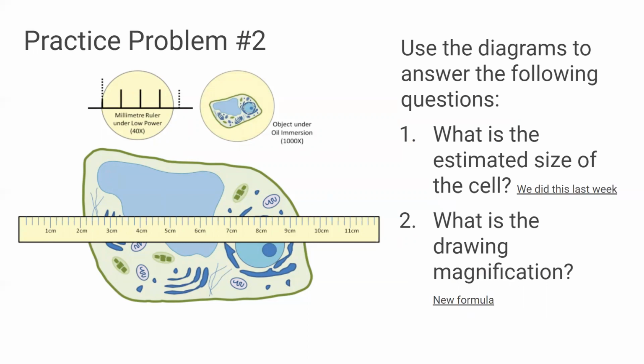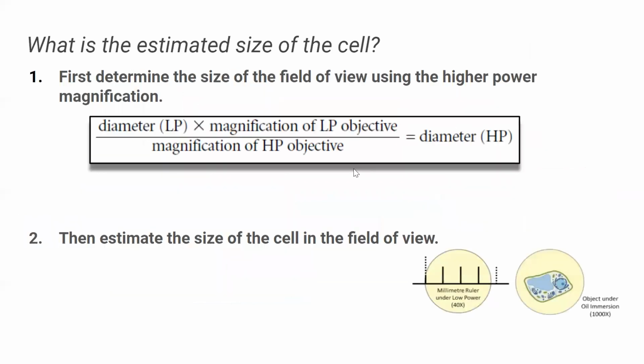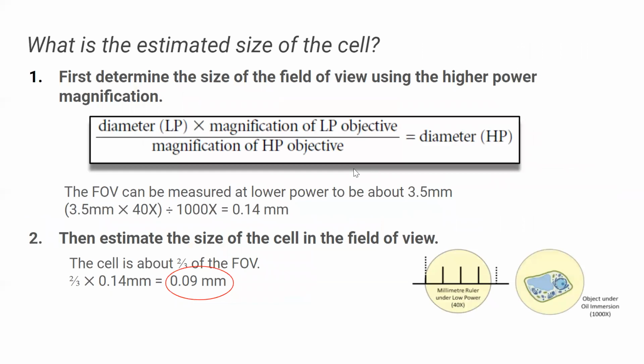Does anybody want to argue with that answer? 1.4? Okay, let's see what I said in my notes. I said 2/3. That is 0.6. I did it a different way.